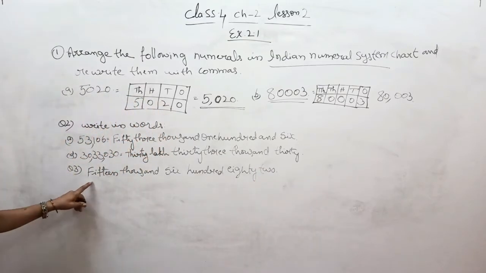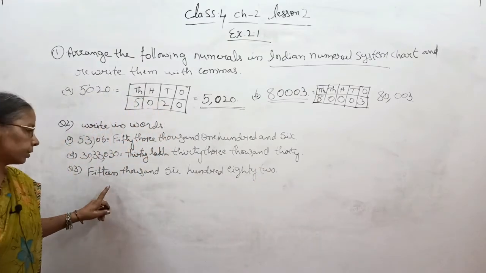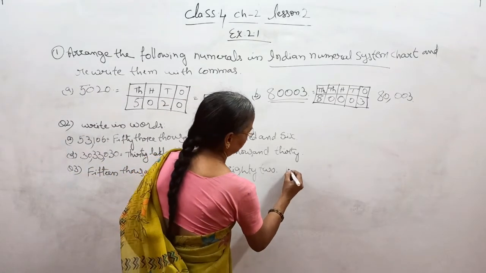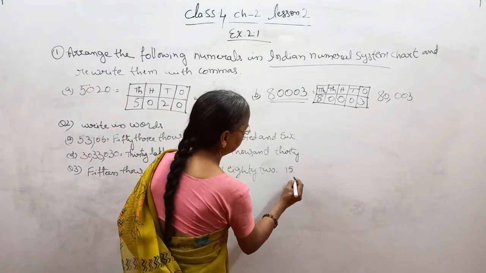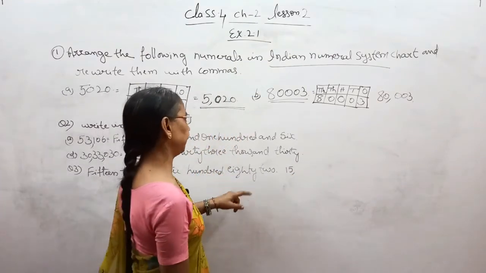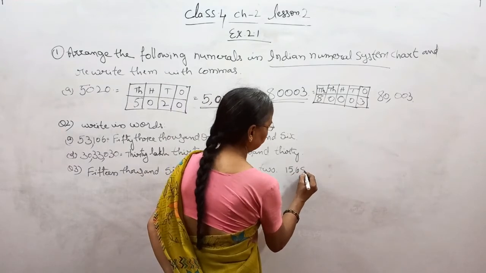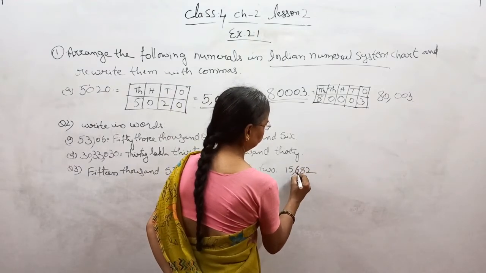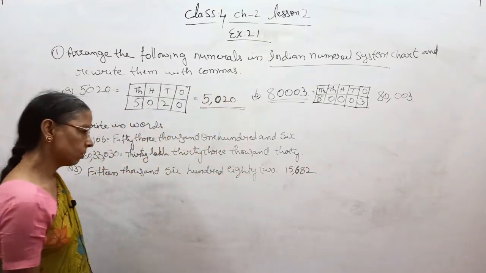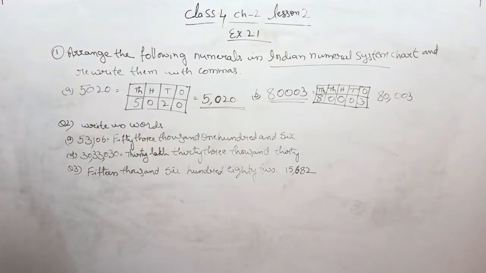We first write 15, then put a comma, then 682. Like this we can easily write numerals by reading the words in the right manner.